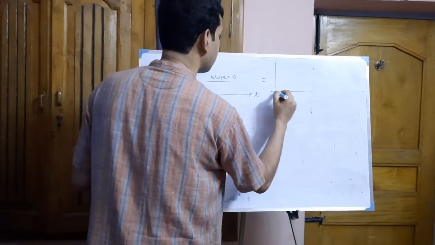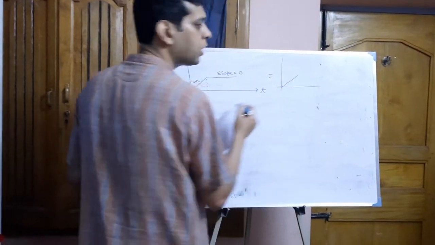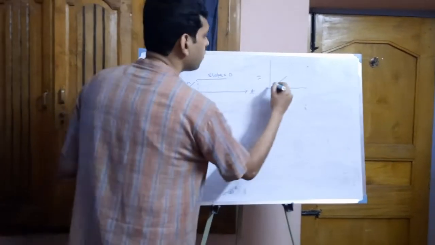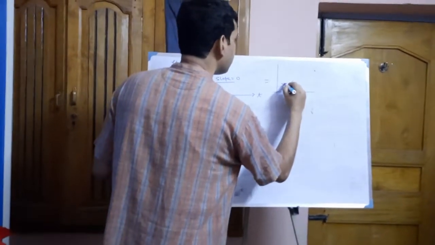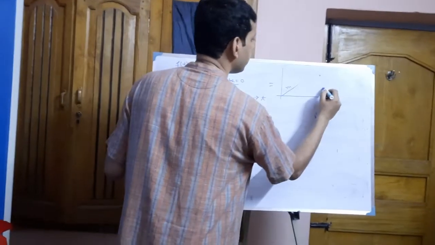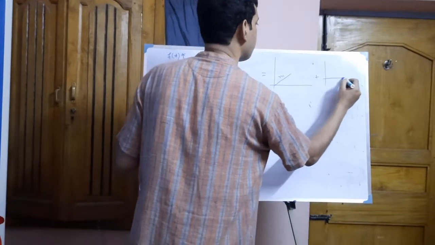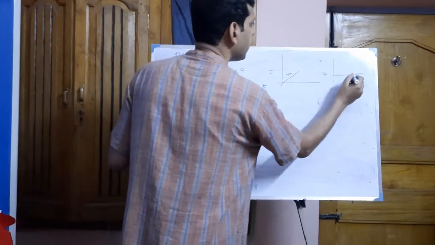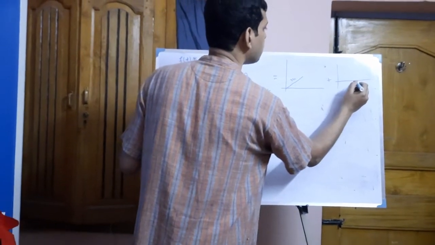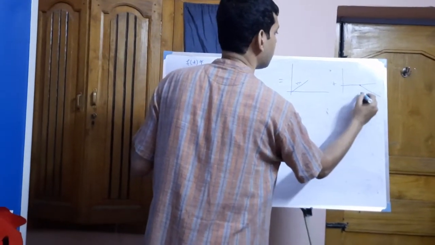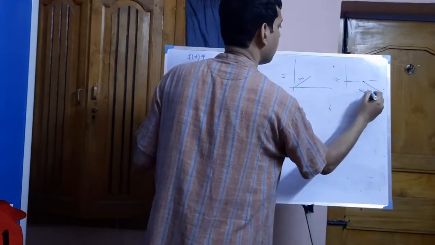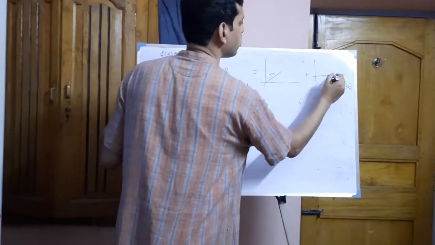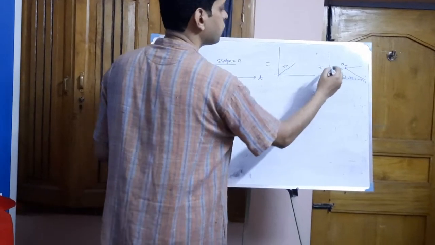One starts with the origin with slope m, and another starts at t equal to a, and the slope equal to minus m. Okay, this is from t equal to a.